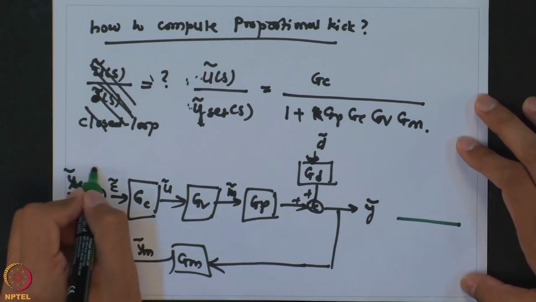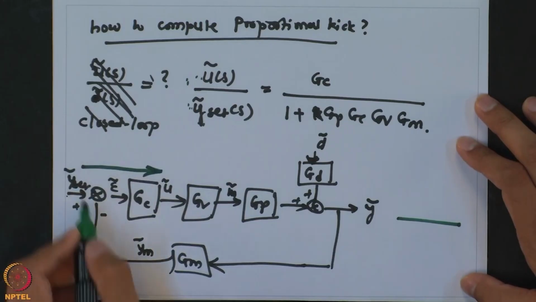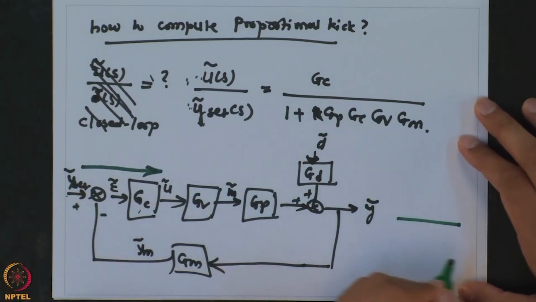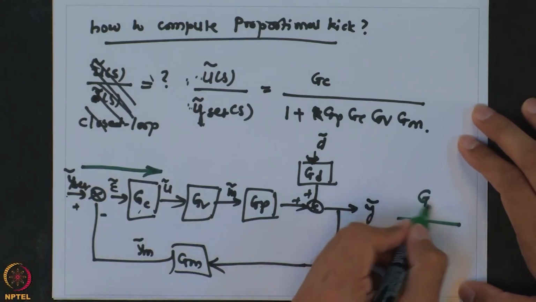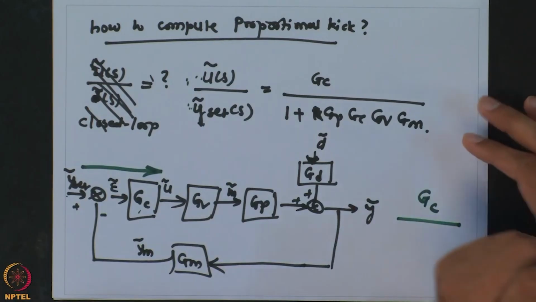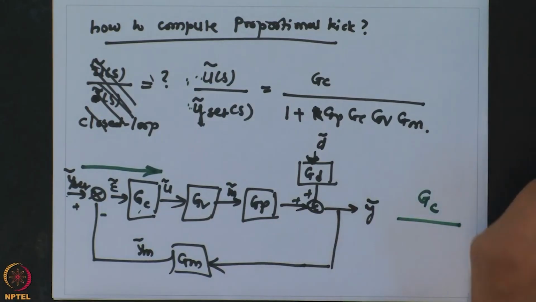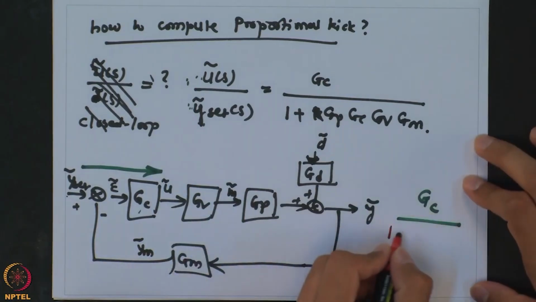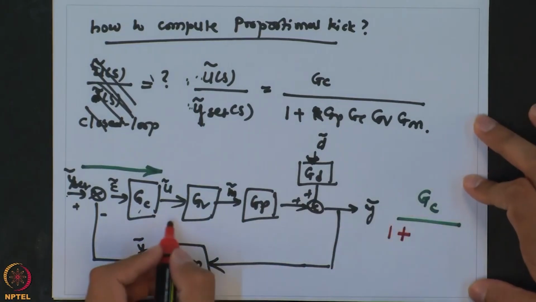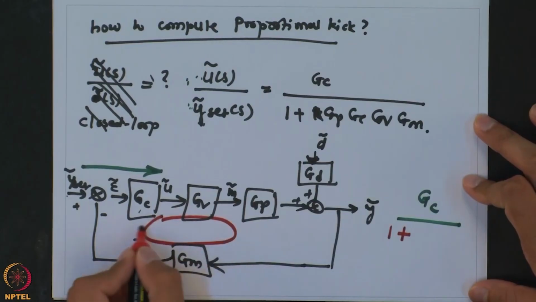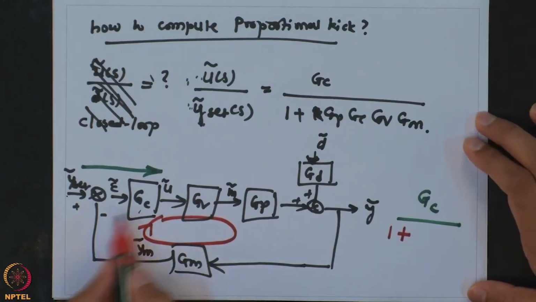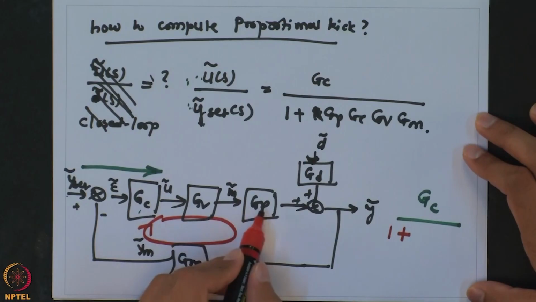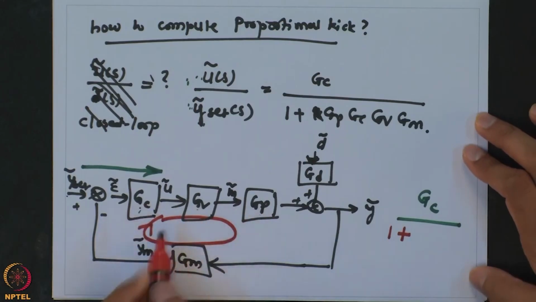So, when we are going from y set to u, there is only one transfer function in between. We put that here, and then the denominator is always 1 plus all the transfer functions in the closed loop. The transfer functions in the closed loop are GP, GC, GV and GM.